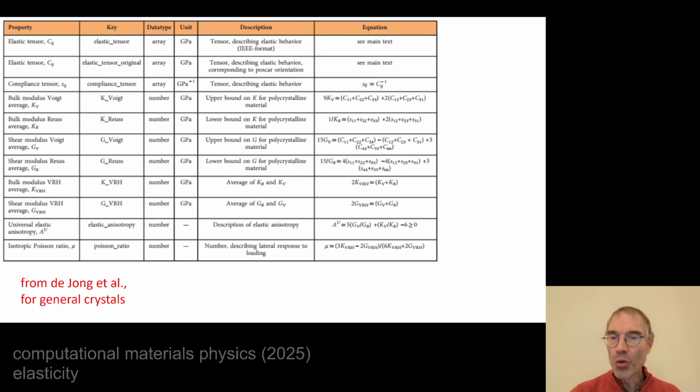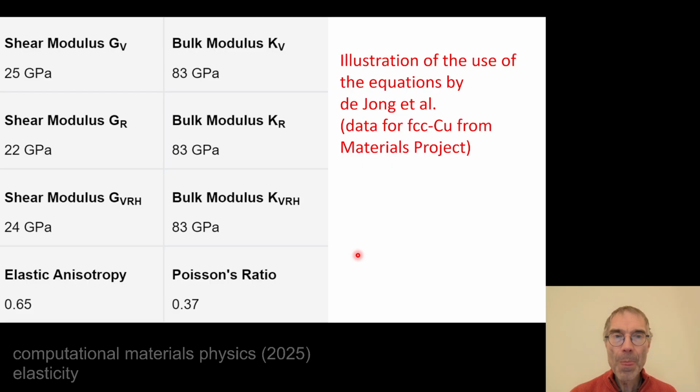We linked to a paper by de Jong and co-workers where you have the exact expressions for all these properties and their relation with the elastic constants. And also in Materials Project, these elastic constants are listed and they are calculated in the same way as in that paper by de Jong.